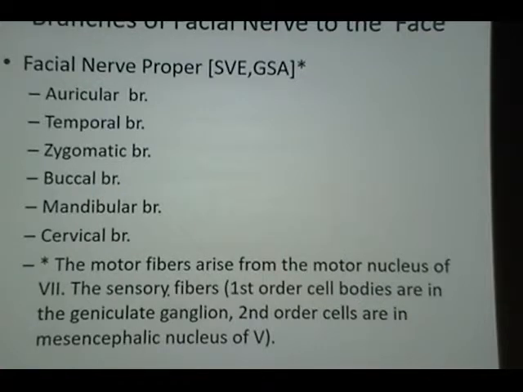Zygomatic branch, what's the zygoma? The cheekbone. So we've got muscles we'll see in our illustration this afternoon that are coming off of or very close to the cheek. Buccal also refers to the cheek, but it's a little bit deeper.